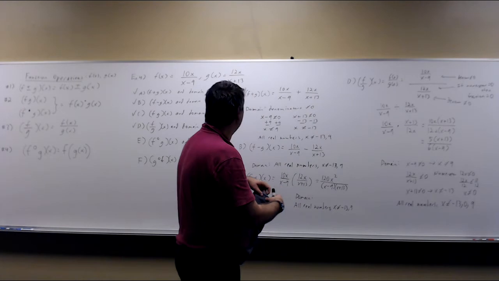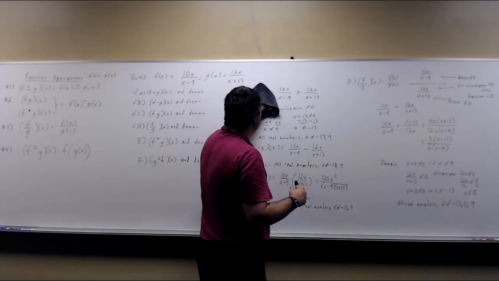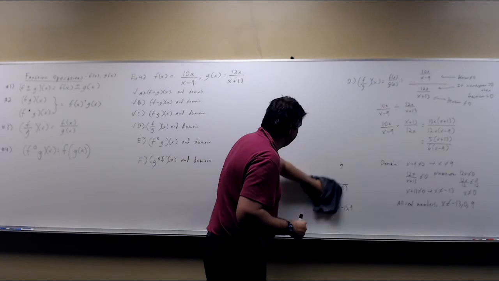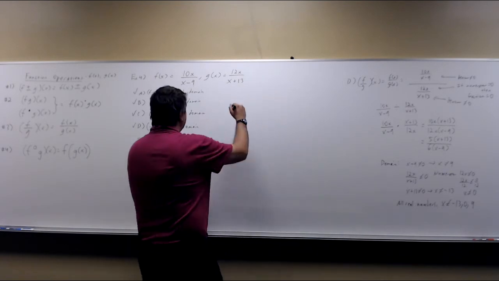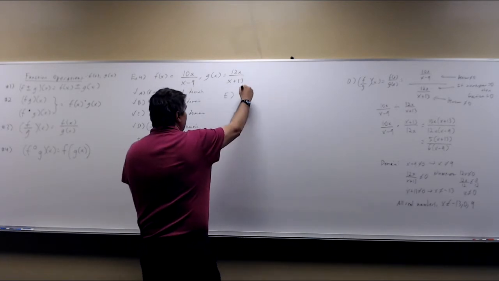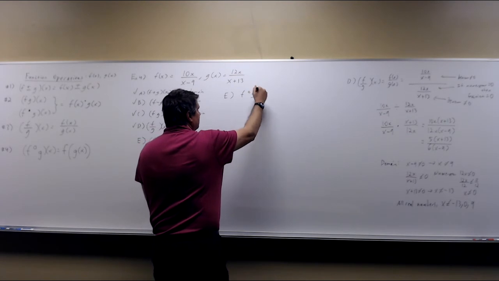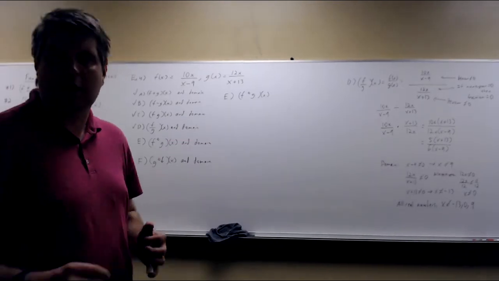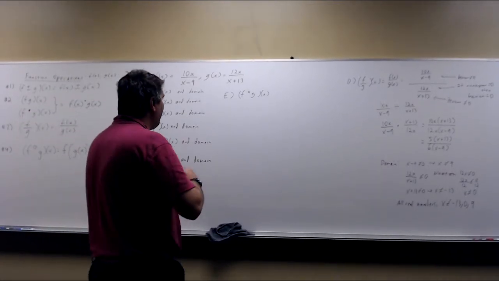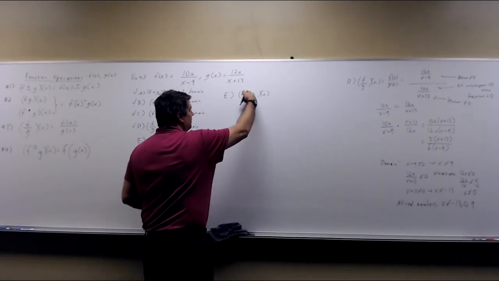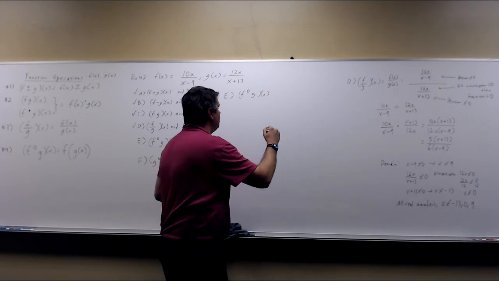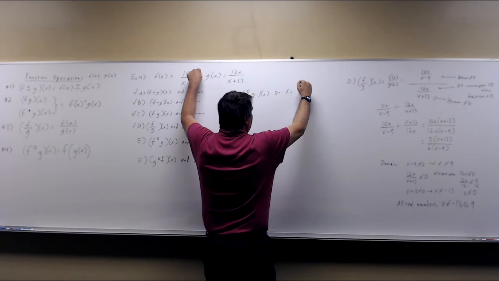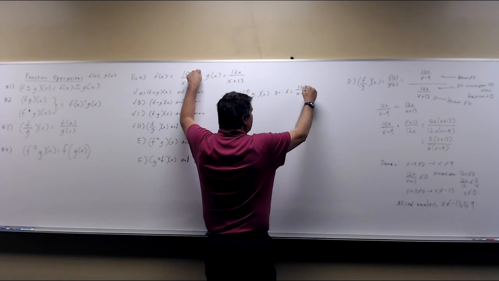Let me get this off the board. Well, I will now do E. f of g of x. All right, so picking up here, f of g of x. f will equal 10x over x minus 9.